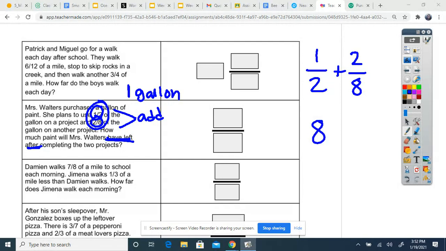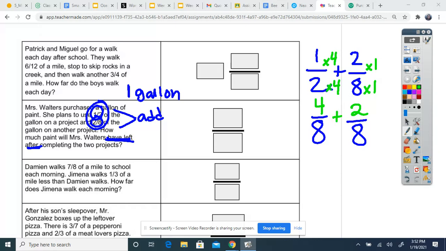So I know that both denominators are going to have to be 8. So 2 times what gives me 8? 2 times 4. So also multiply the numerator by 4. 1 times 4 is 4. 2 times 4 is 8. Perfect. 8 times 1 gives me 8, so I'll also multiply the top by 1, and that fraction just stays the same as 2 eighths.